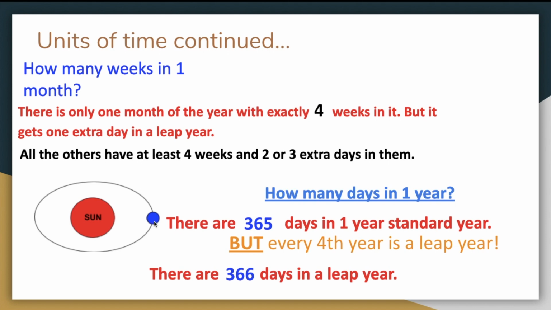It gets back there in 365 and 1/4 days, which means over 4 years we end up with 4 extra quarter days for the Earth to get back. So 4 quarters makes 1 extra whole day. So every 4 years we add 1 full day instead of having 365 and 1/4 days in each year, which would be a bit hard to do on a clock.